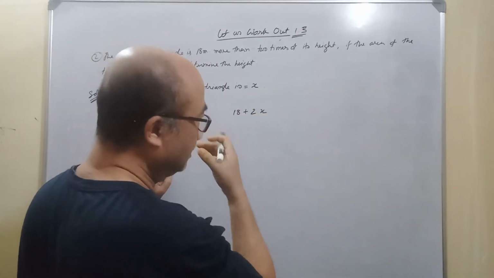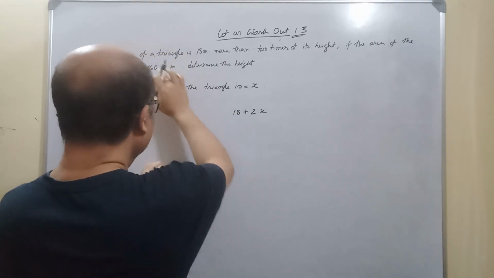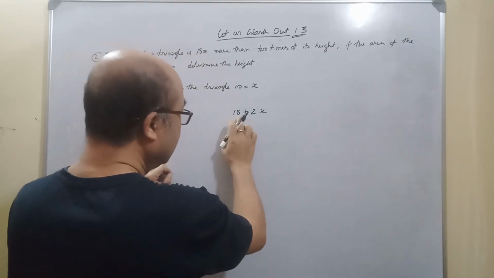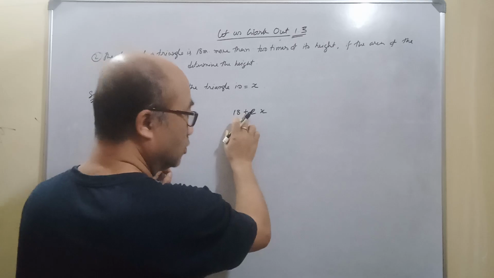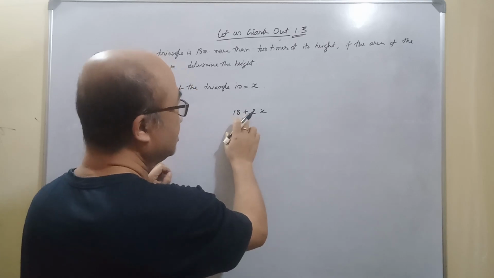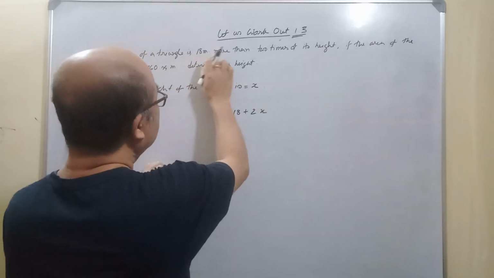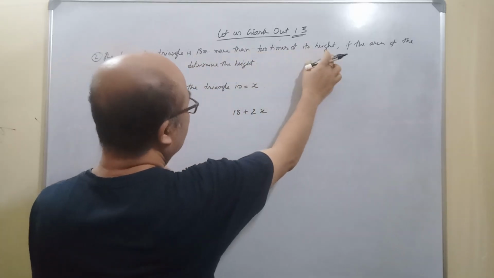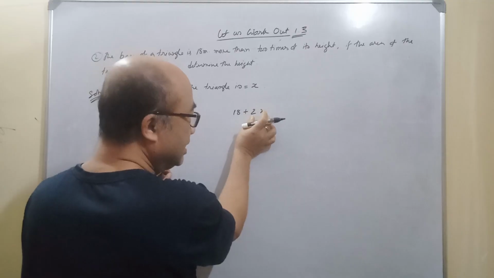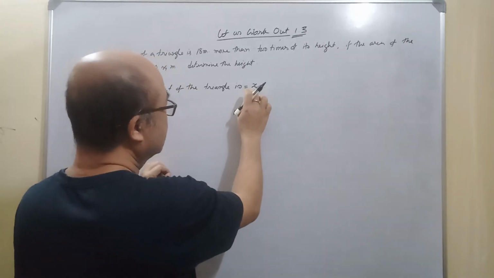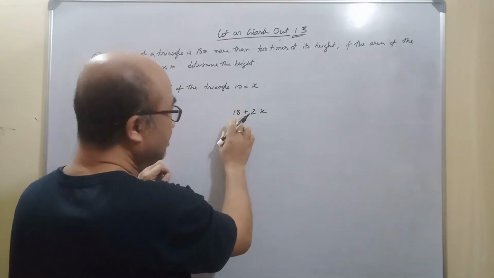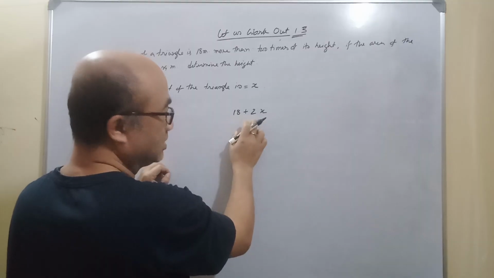Let us see again. Base is 18 meter more, means plus, then 2 times the height. 2 times of the height is 2x because height is x, and 18 meter more means 18 plus.